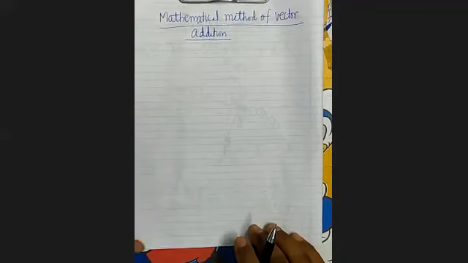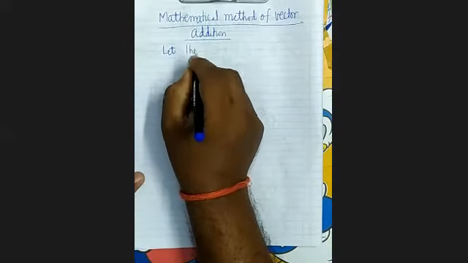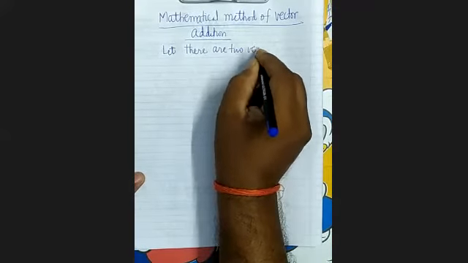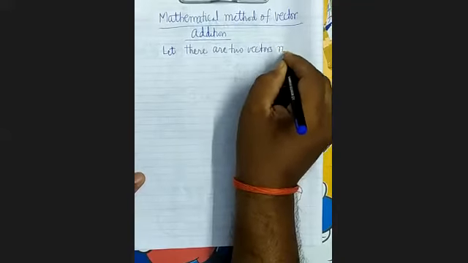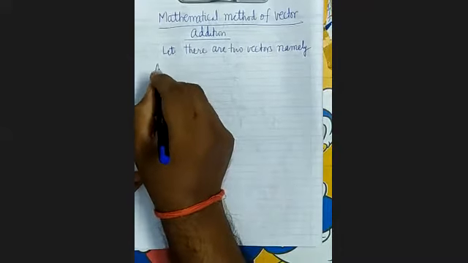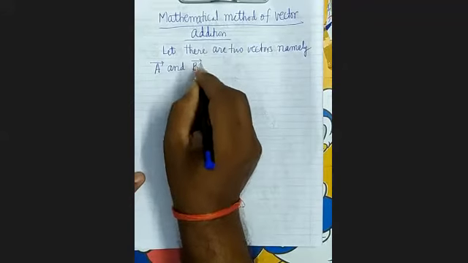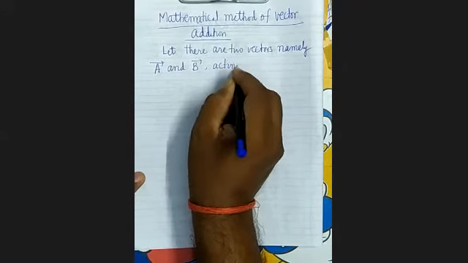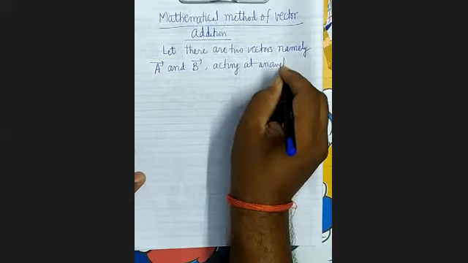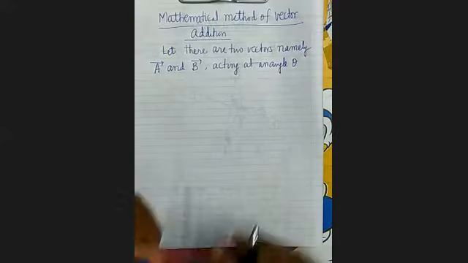Here today I will explain the result. Let there be two vectors, namely vector A and vector B, acting at an angle theta. Angle theta means like this.